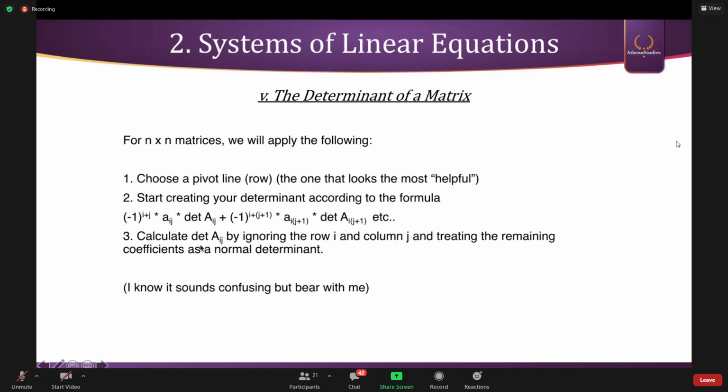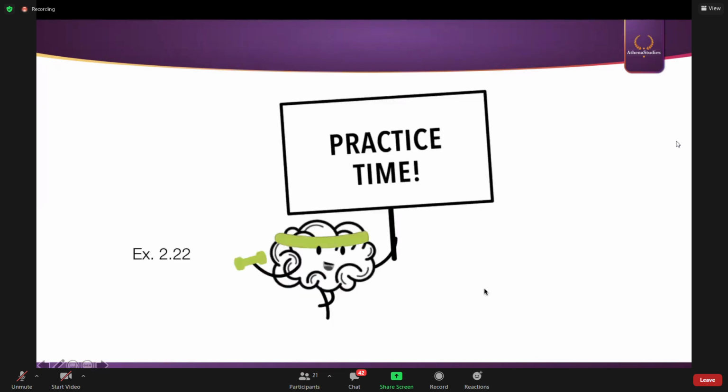Afterwards, you will calculate another determinant of Aij, by basically cutting the row and the column represented by the two indices, and working with the remaining coefficients as you would work with a normal determinant of 3 by 3, 2 by 2, whatever. Let's do exercise 2.22 so I can better show you what I mean.